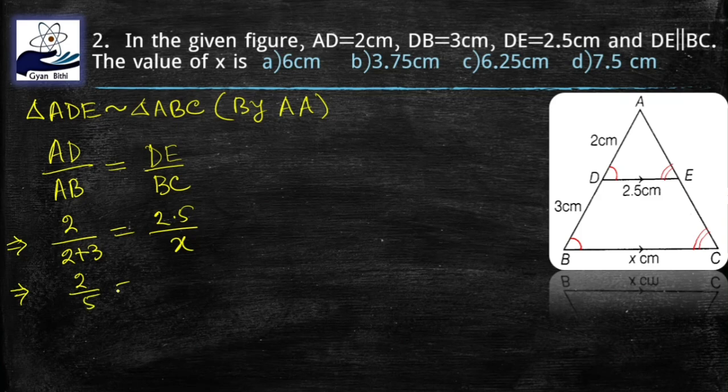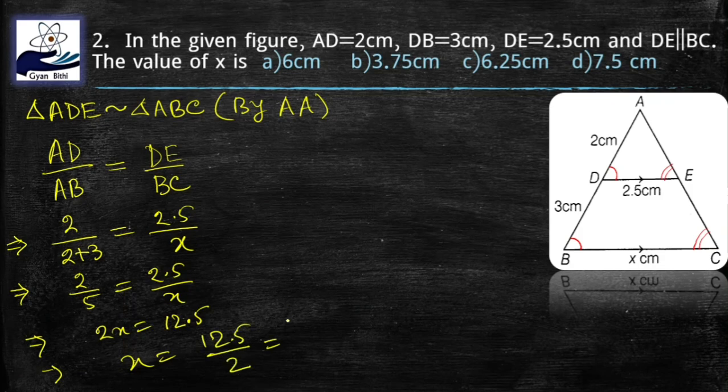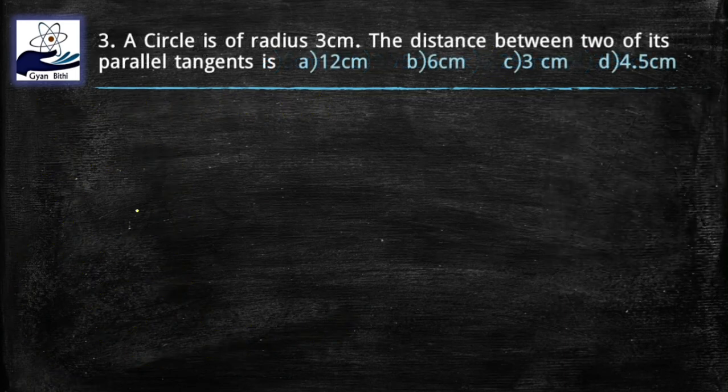So 2 by 5 is equal to 2.5 divided by x. This will give you 2x is equal to 12.5, 5 into 2.5, x is equal to 12.5 divided by 2, which is 6.25. So this will be your correct answer, 6.25. Okay, move to the next slide.